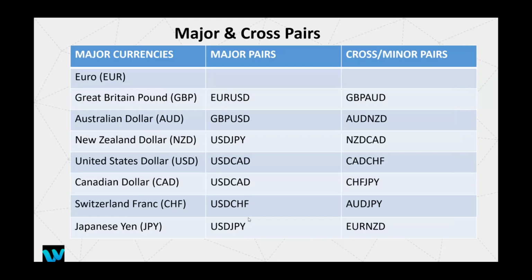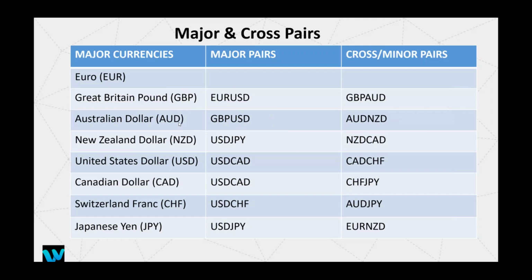The United States dollar is the most important currency in the world; we call it the global reserve currency. Any country you go to in the world, they have a reserve of United States dollars with their central bank, or even with their commercial banks. There's barely any bank you will find in Nigeria that doesn't have a US reserve.